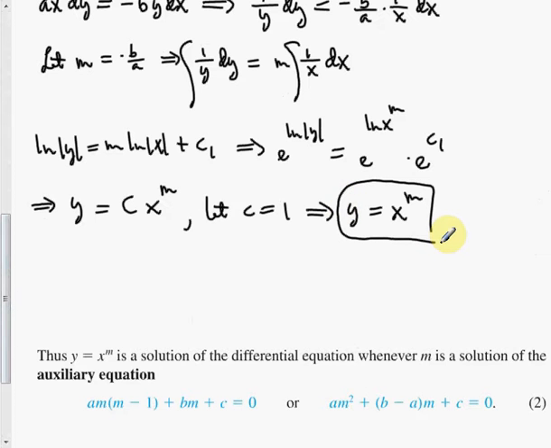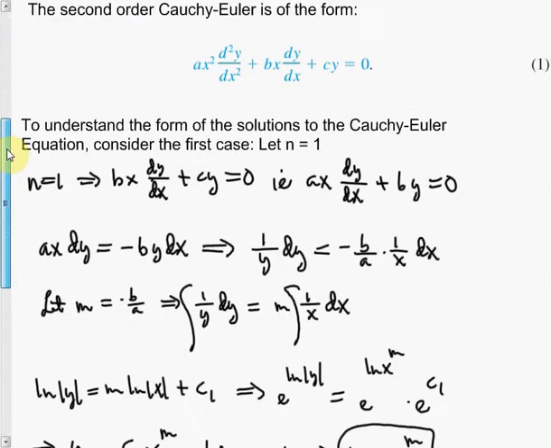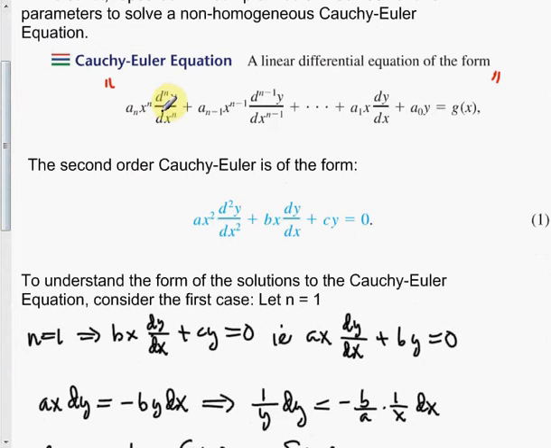So my solutions for the Cauchy Euler equation will be of the type x to the m, not e to the mx like we saw back in chapter 4, section 3 and section 4. And the reason why they're different is because I have associated with each derivative an x to some nth term.